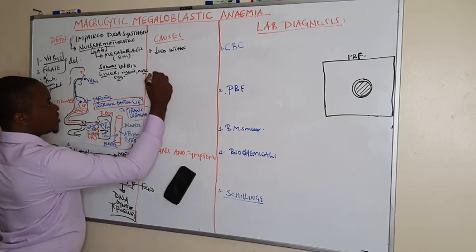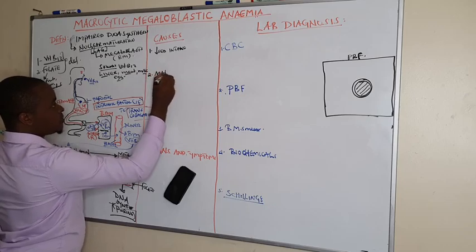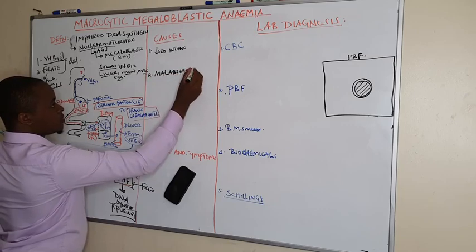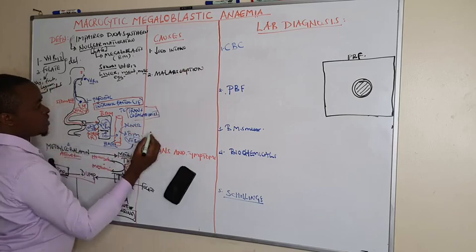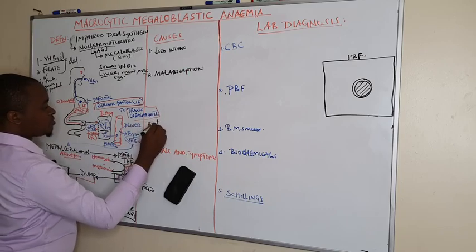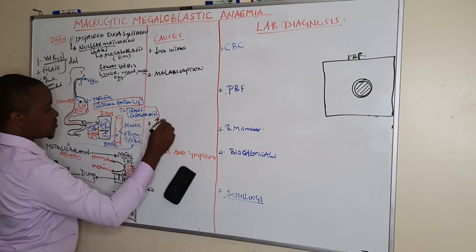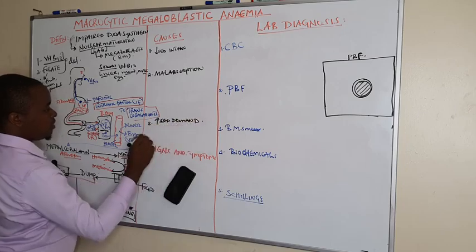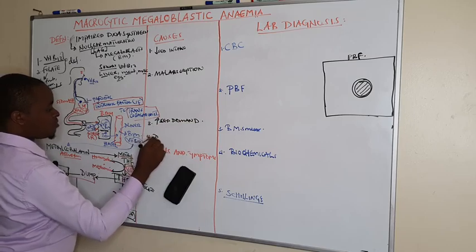Number two, it can be malabsorption. Malabsorption is another cause. Or if it is not malabsorption, the third one, it can be increased demand. And even we shall see number four, some drugs.